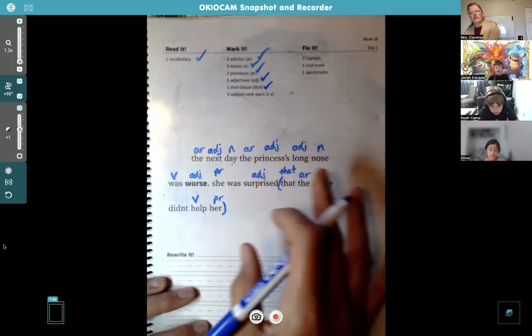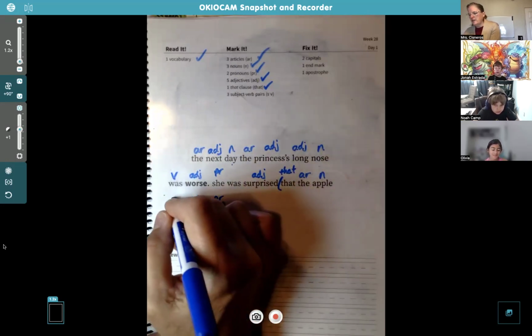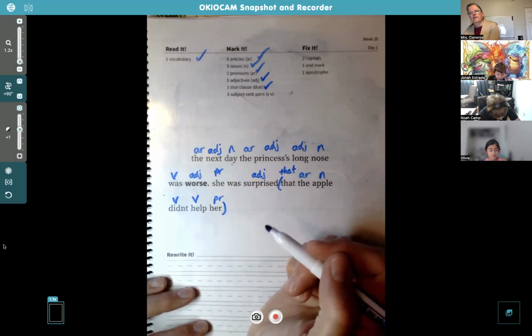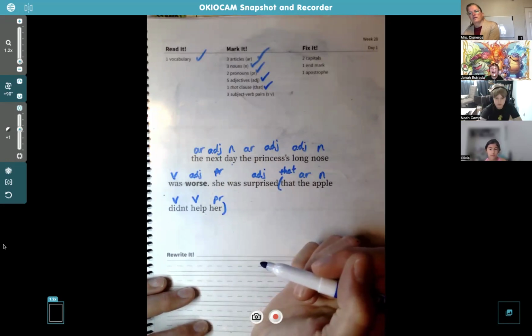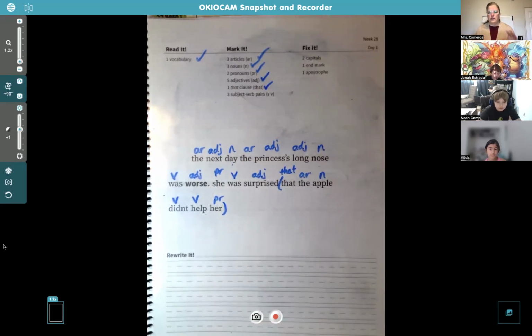Look for words that don't have a label yet. There's two left. Didn't. Yeah, the did part of didn't is a verb. And was. There you go. Good. It helps when you start labeling stuff, whatever's left. So that's how you can narrow it down.